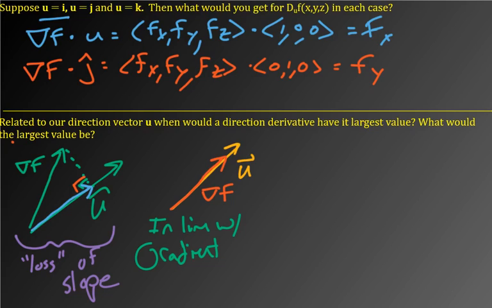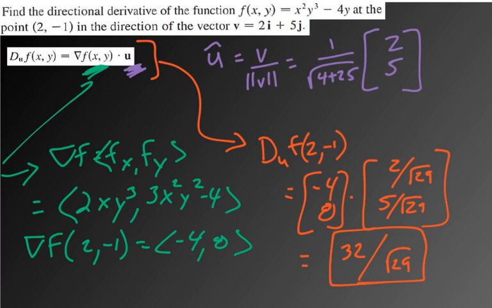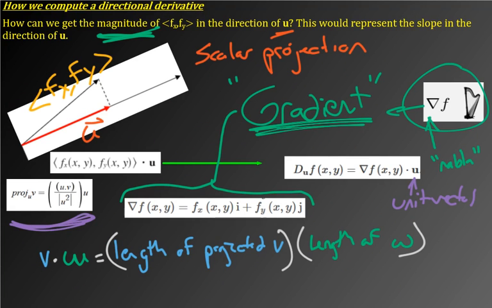As for this last part right here, the largest value would be the magnitude of the gradient of f. If I go back to this idea, this has now been maximized because that projected vector is at its biggest.